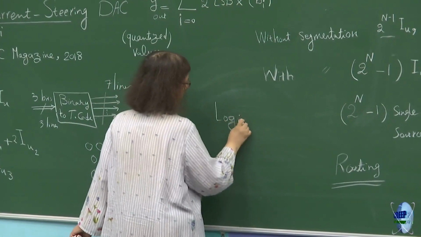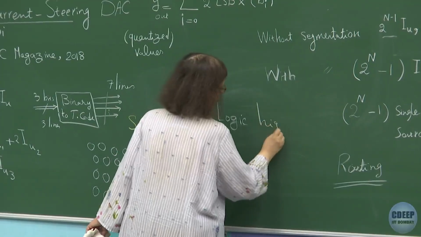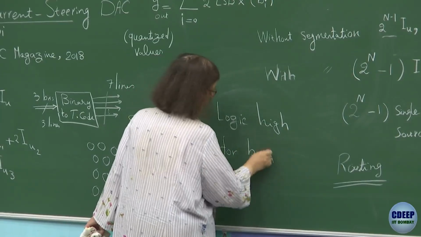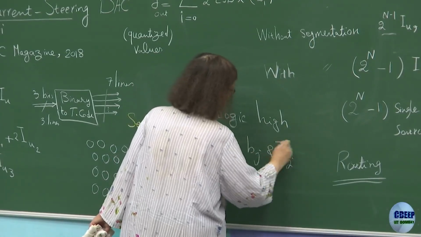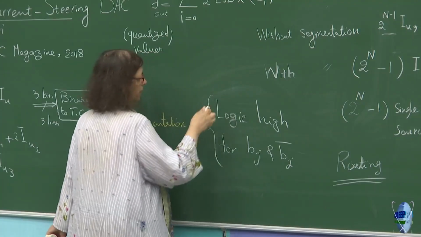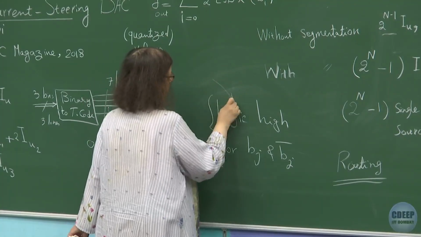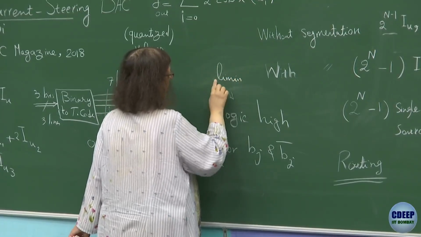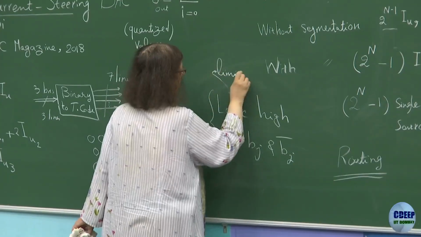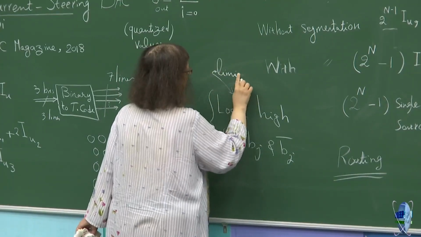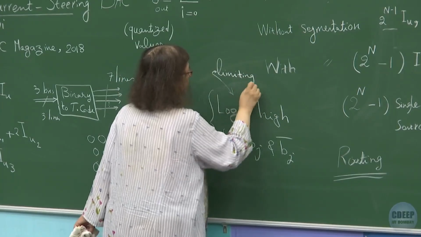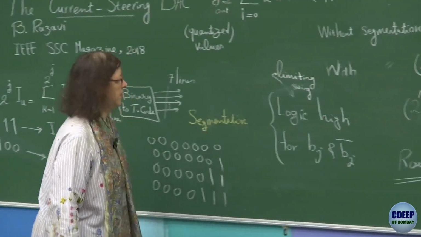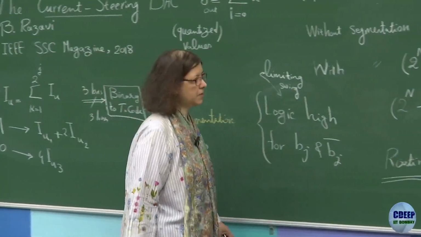In fact, the logic high for B0 through Bj and Bj bar is one of the things limiting the swing at the output, eventually across the final.